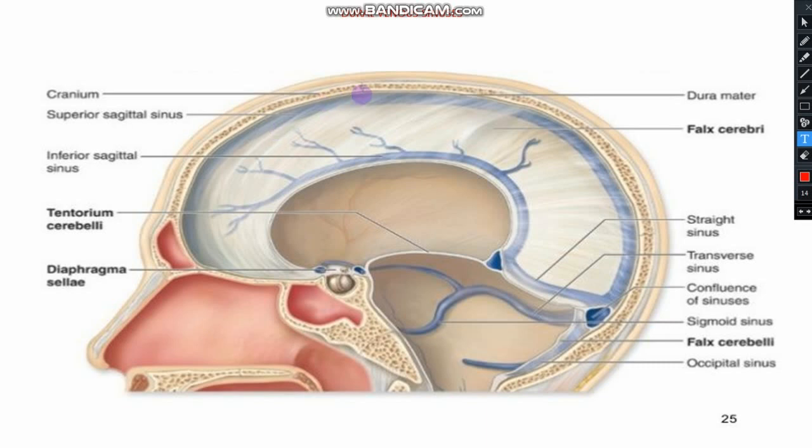One we see here is the superior sagittal sinus, then inferior sagittal sinus, this straight sinus, occipital sinus, anterior intercavernous sinus, posterior intercavernous sinus, they are present here, and basilar venous plexus.